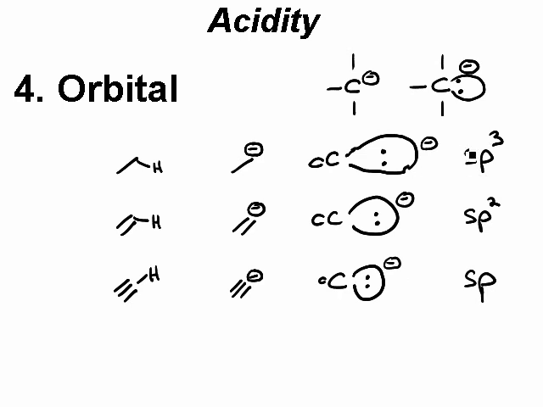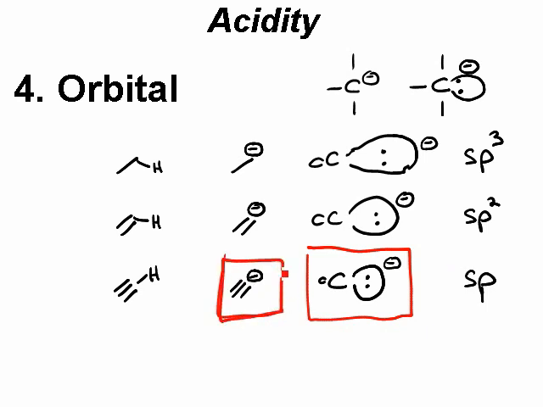Whereas in an sp3 hybridized orbital, the electron density is farther away from the positively charged nucleus and therefore is higher in potential energy. So this negative charge is the most stable of these 3. This conjugate base is more stable than either of these, which means that this compound is more acidic than either of these.